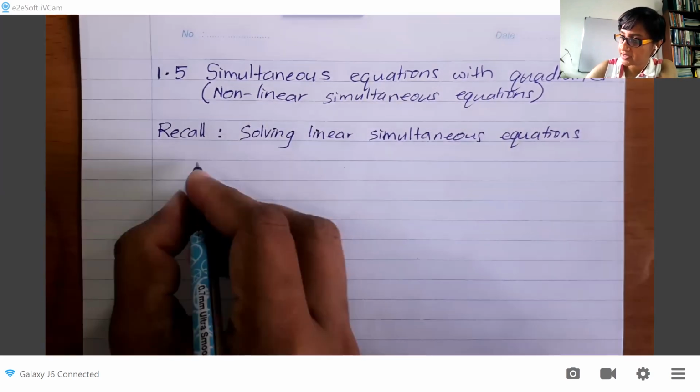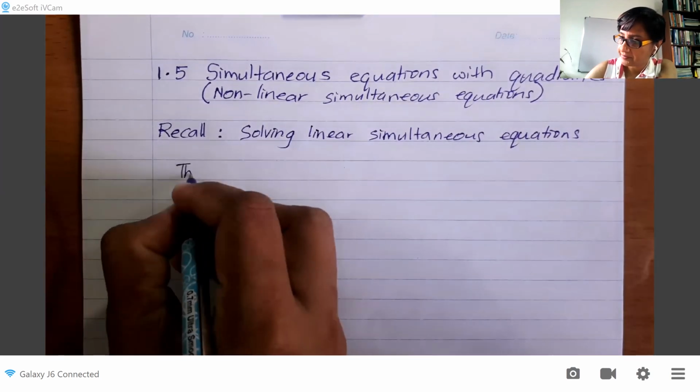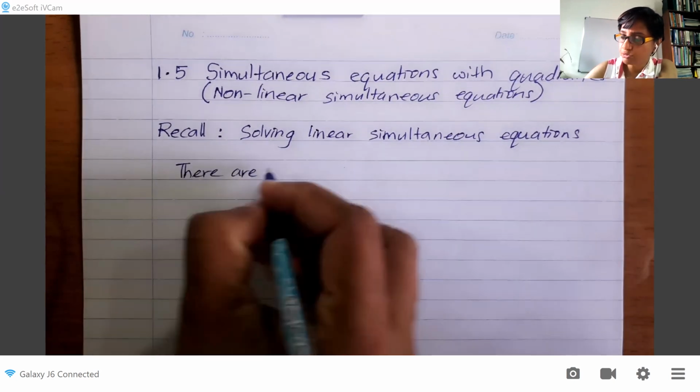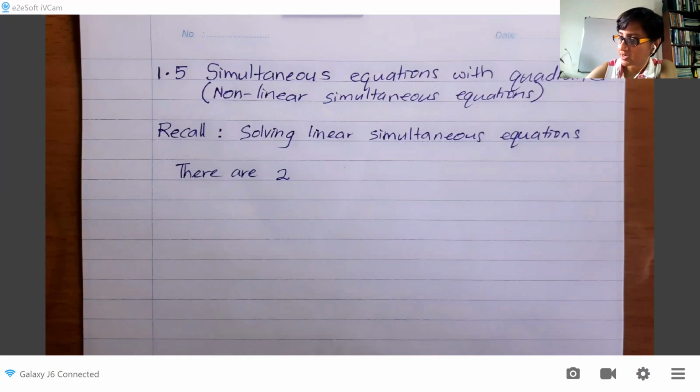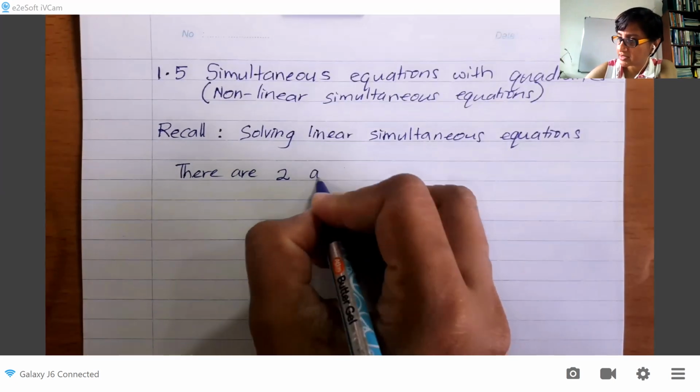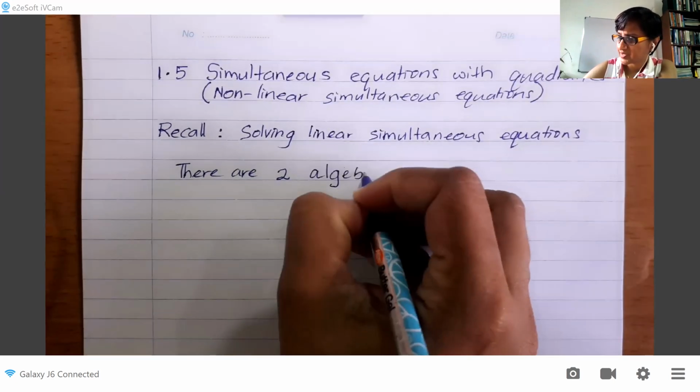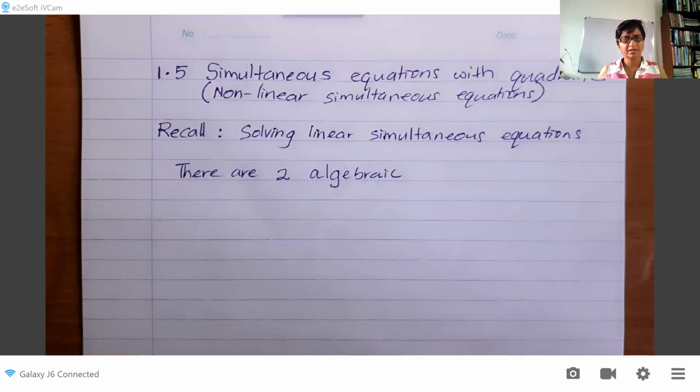And you write, there are two algebraic methods. These are called algebraic methods. What that means is, you are just manipulating your equations algebraically. You multiply by something, you add the two equations, you subtract them, you're just manipulating the equations algebraically.